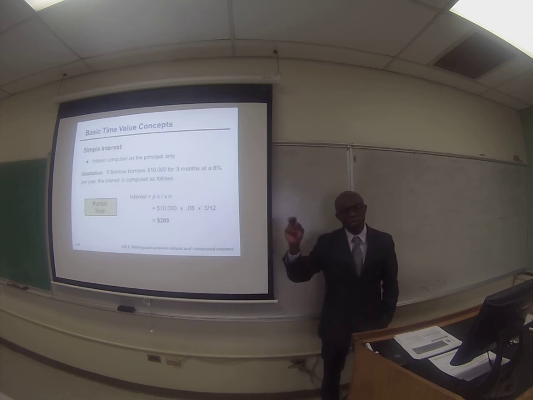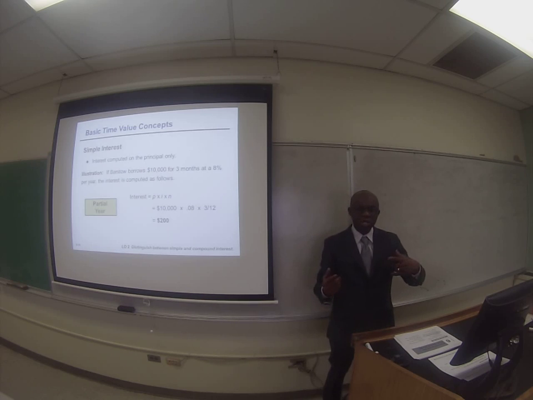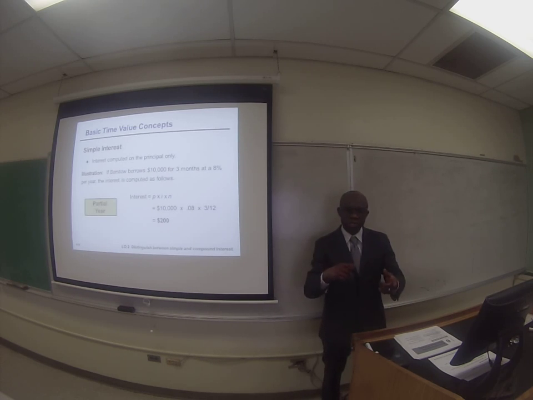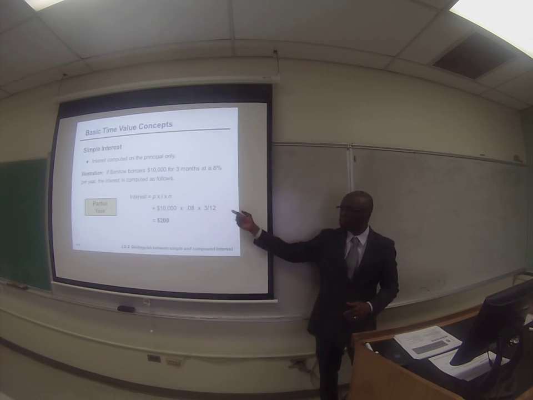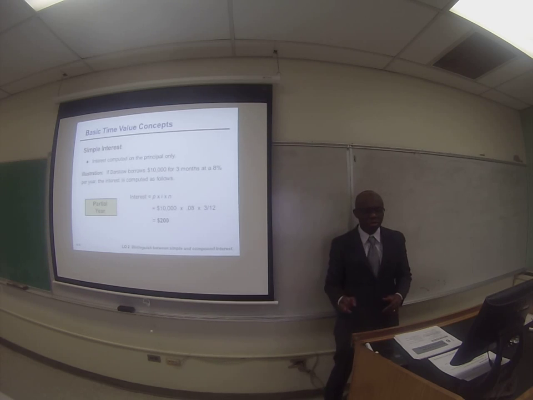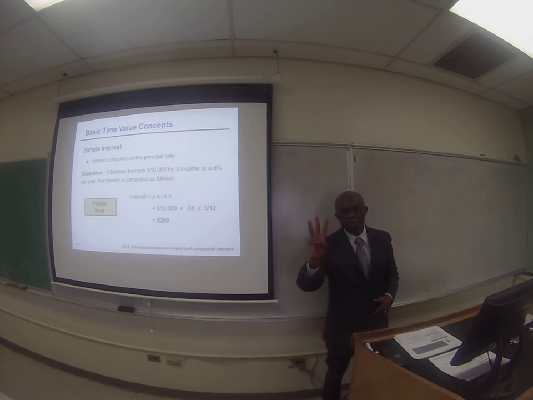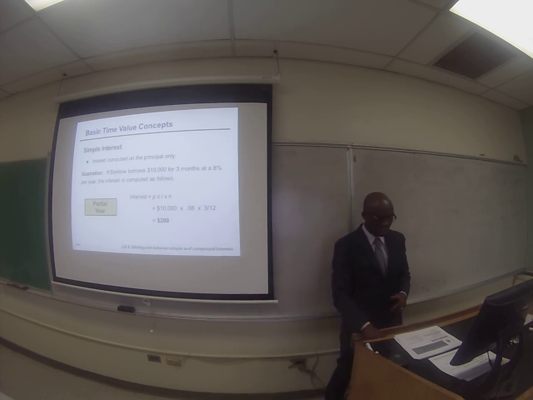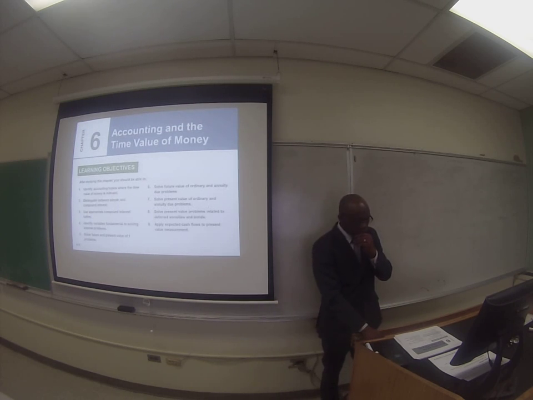So this fraction 3/12 is another way of making an adjustment to the interest rate, or alternatively, another way of looking at it is 8% of 10,000 is the interest for a whole year. Of course, since we are zeroing in on only 3 months, we need to make the adjustment. So that is simple interest.